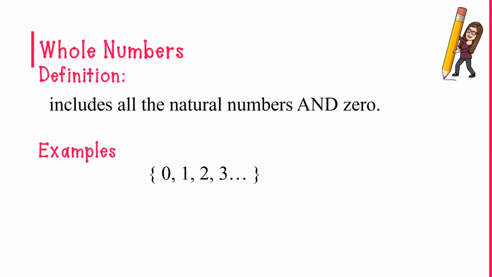All right, let's look at the next tab on your foldable. Look for the title, Whole Numbers. The definition is whole numbers includes all natural numbers and 0. So what does that mean? I remember this one if I can put, meaning whole means an item, right?